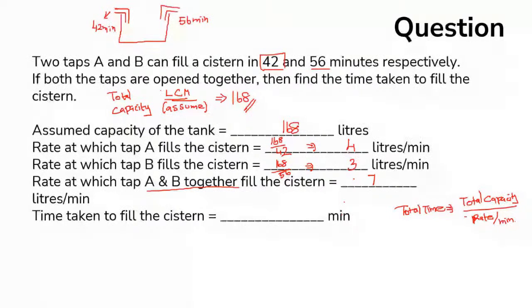Time taken to fill the crescent is 168, my total capacity, divided by the rate of filling, 7 liters per minute, so it is 24 minutes. If both the pipes are kept open, it will fill in 24 minutes.